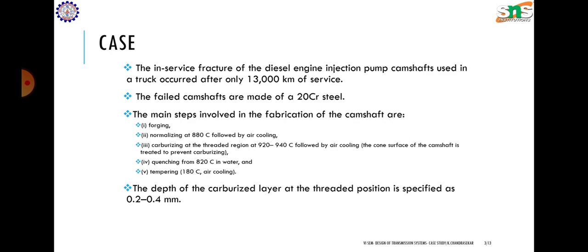Then the depth of the carburized layer at the threaded portion is specified as 0.2 to 0.4 mm. So the threaded portion is carburized up to 0.2 to 0.4 mm. These are the steps taken while fabricating the camshaft.